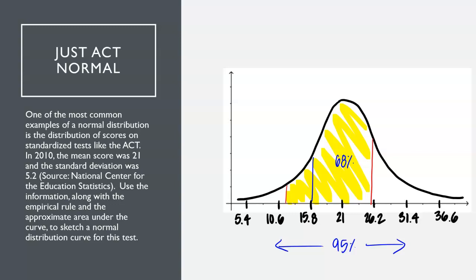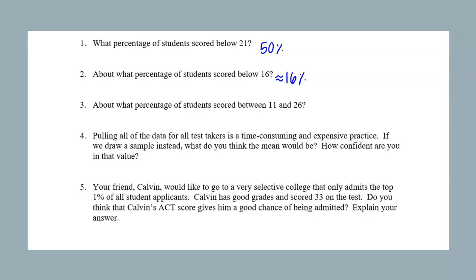And 27 divided by 2 means that this portion here would be about 13.5%, making that about 81.5%. In order to properly answer questions 2 and 3, we will have to wait until next class so that we have a method to find areas under the curve, not using just the empirical rule.